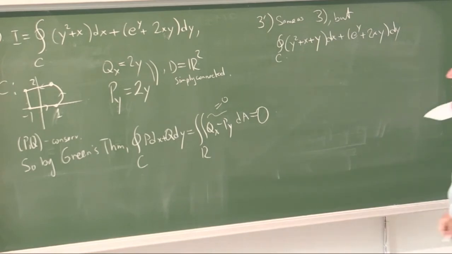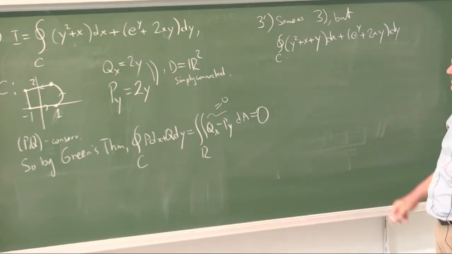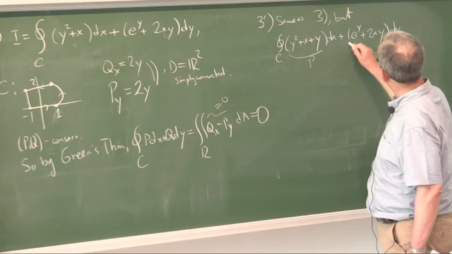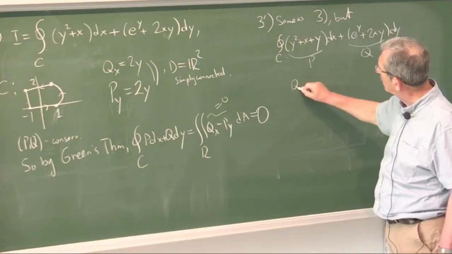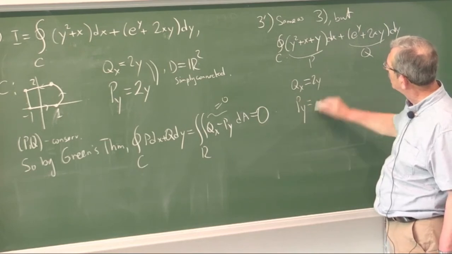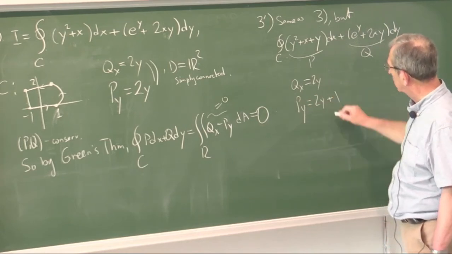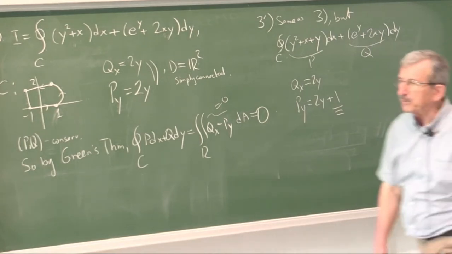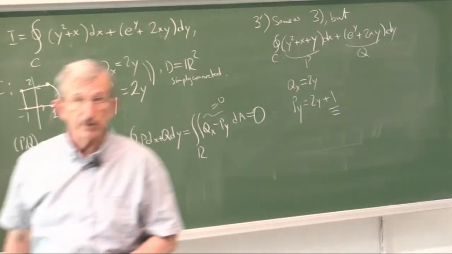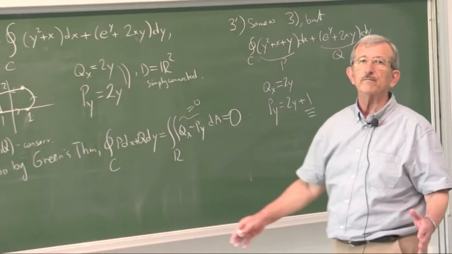Now, C is the same, so it's a nice counterclockwise oriented, piecewise smooth, simple closed curve, as in Green's theorem, and our P and Q satisfy the following. Q sub x would be 2y, P sub y should be 2y plus 1. Now, this tells me that this is not an exact differential. That is, it's not conservative.